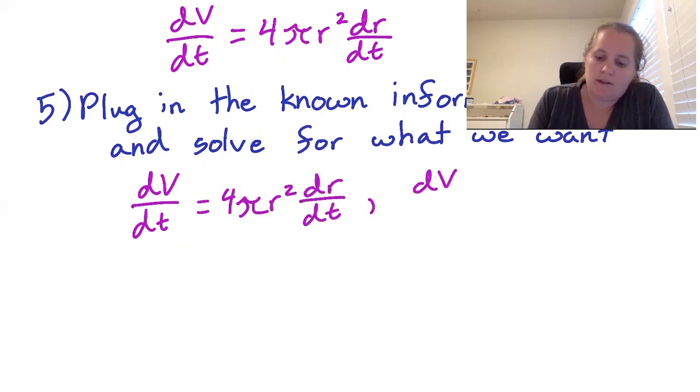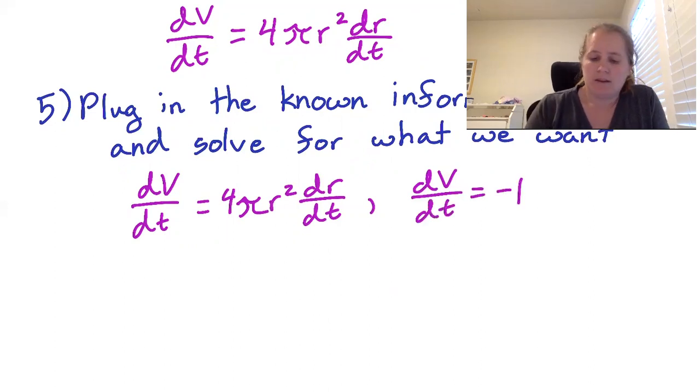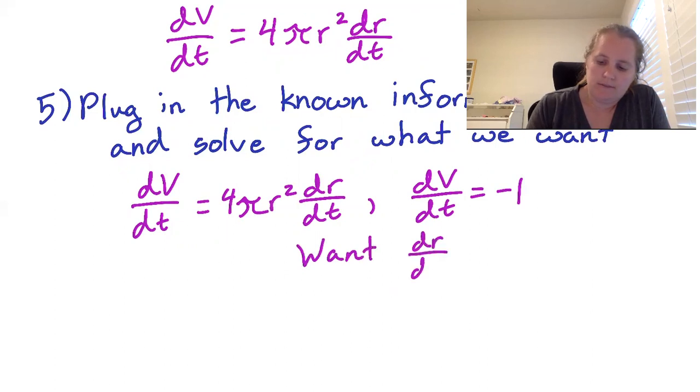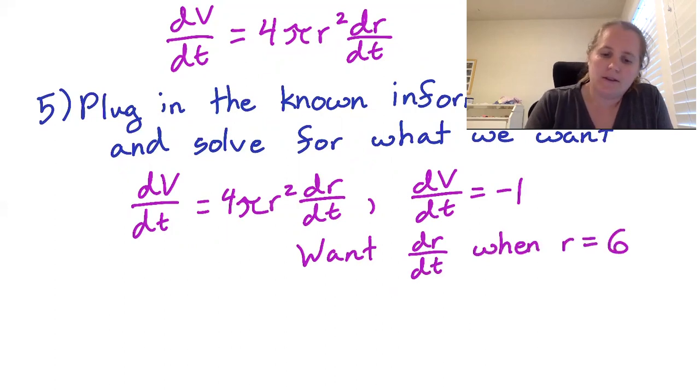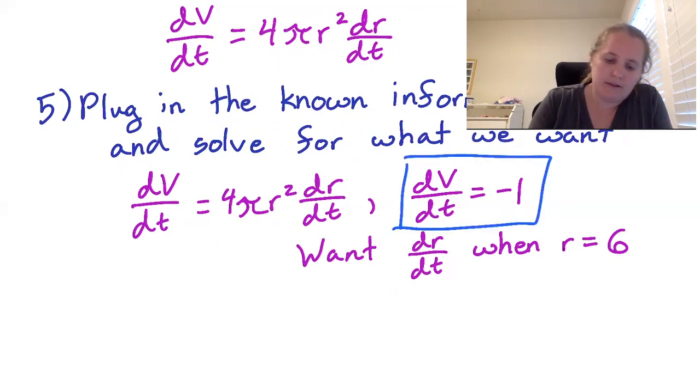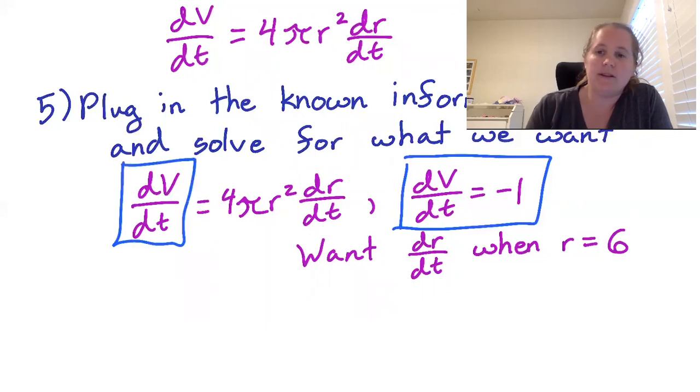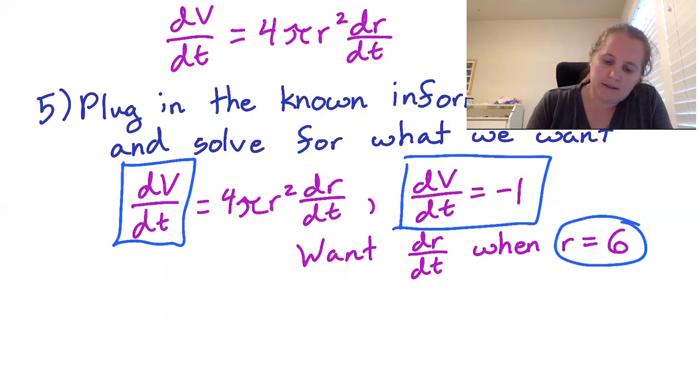We know that dV/dt is equal to -1, and we want dr/dt when r equals 6. So the things that we can go ahead and plug in, we have dV/dt is equal to -1, so we can swap out dV/dt. And we have r equals 6, so we can go ahead and swap out r for 6, and then all that's left is that dr/dt.